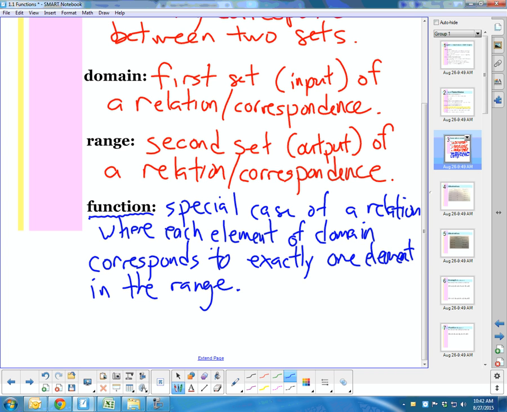And we want the scenario where each element is paired to exactly one element of the range. And that's really the important part of this, exactly one element. One phrase I use, and you'll hear me use it in class, is that if we know the input, we know the output. There's no multiple choices. It's here's one input, here's one output, and we can move on from there.